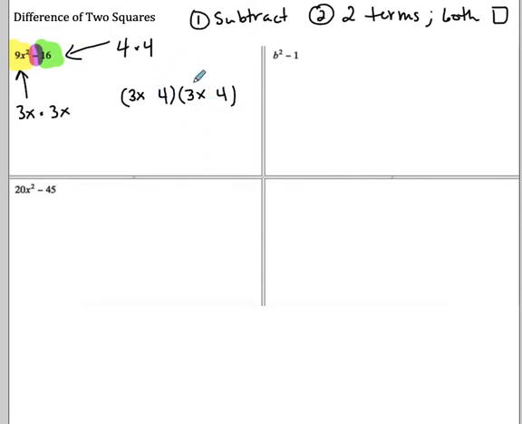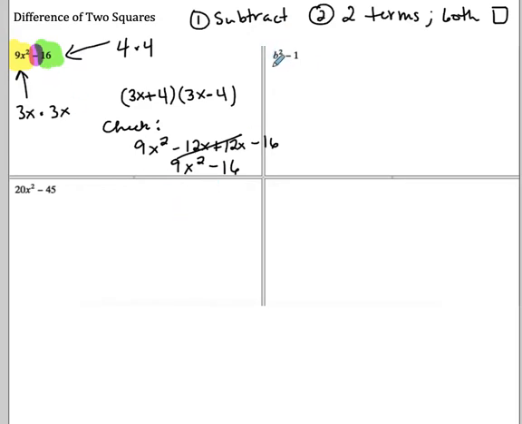The only way that could happen is if one was a positive and the other was a negative. So for example, I'm just going to check that I did that correctly, right? 3x times 3x to multiply it out would be 9x squared. And 3x times negative 4 is negative 12x. And 4 times positive 3x is positive 12x, and 4 times negative 4 is negative 16. So these middle two terms cancel out, and lo and behold, that was my original problem.